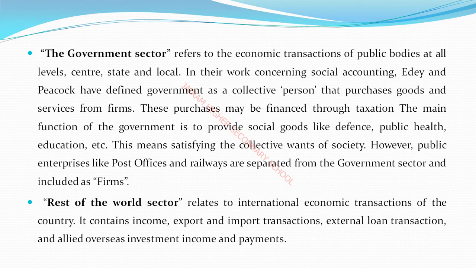There are different wants in societies, so collectively satisfying the wants of the society is an integral duty of the government. However, public enterprises like the post office and railway are separate from the government sector. The government also runs public enterprises like the post office and railway; these departments are run through the government.